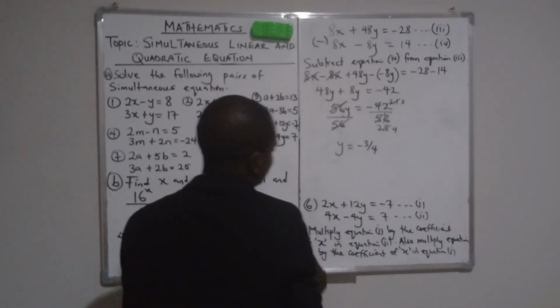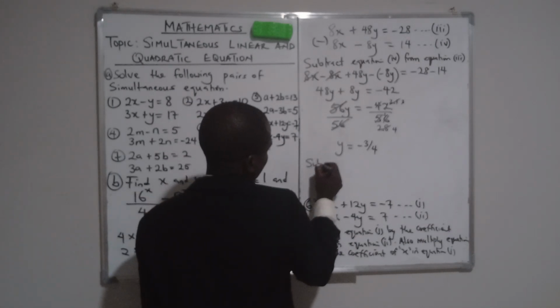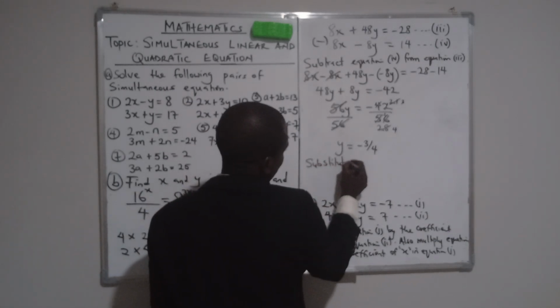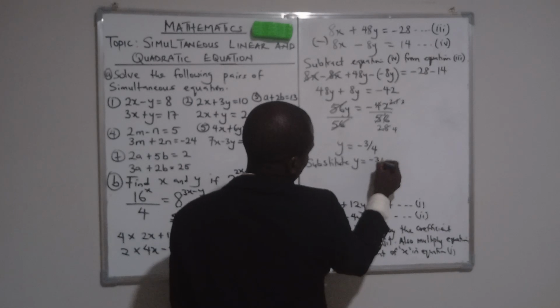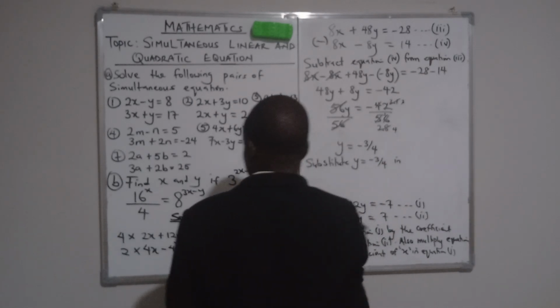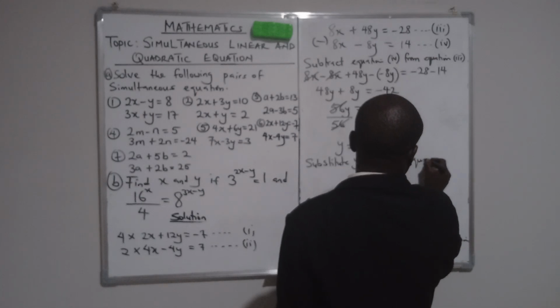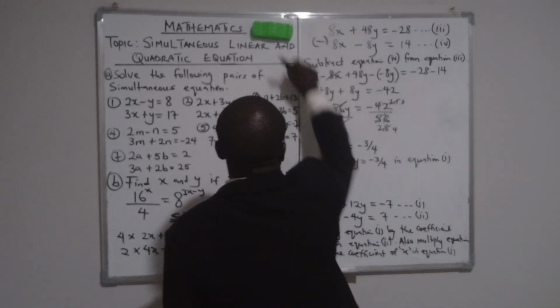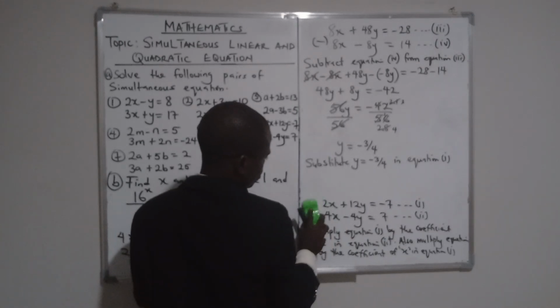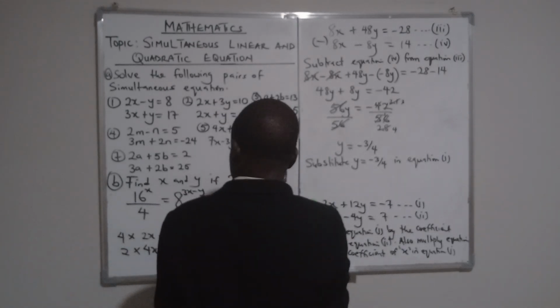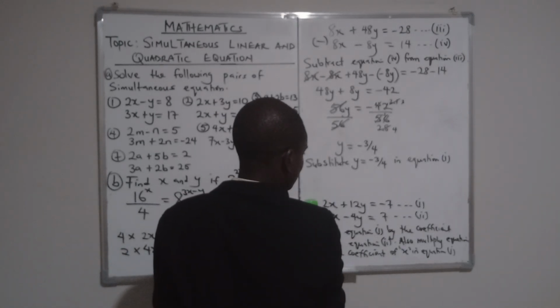Now let's substitute y equals to minus 3 over 4 in, I'm picking equation 1. So in equation 1, what's our equation 1?